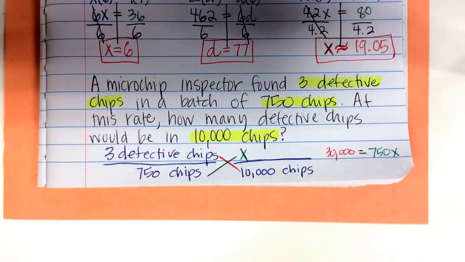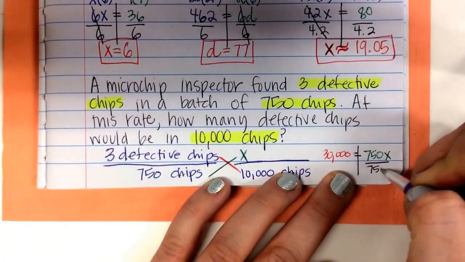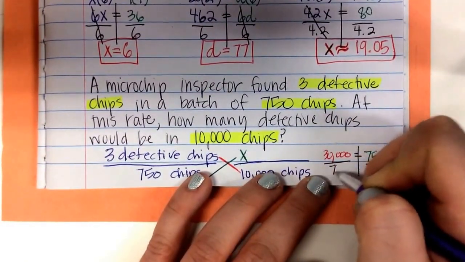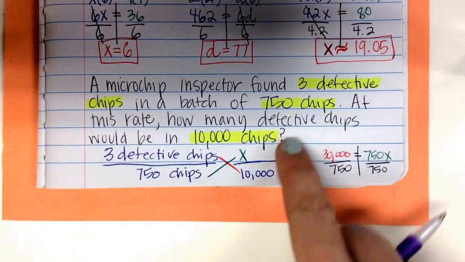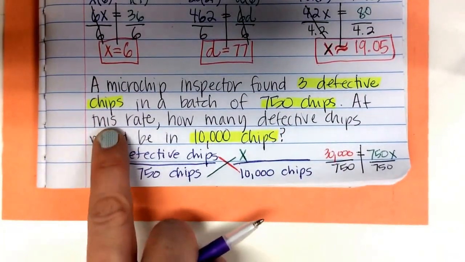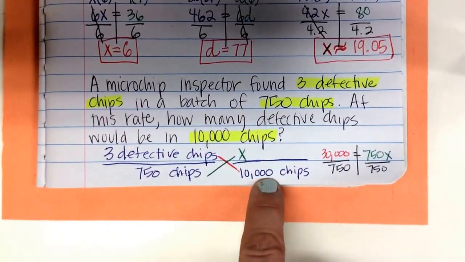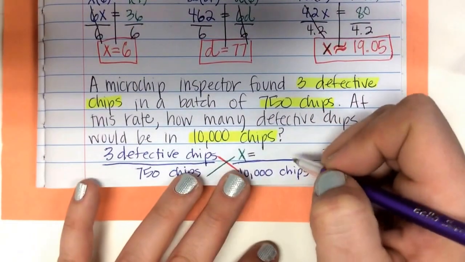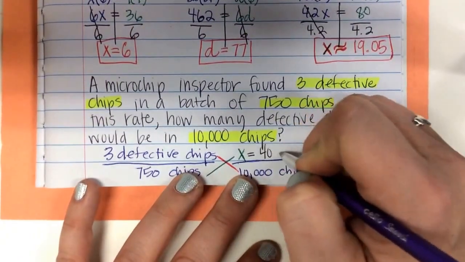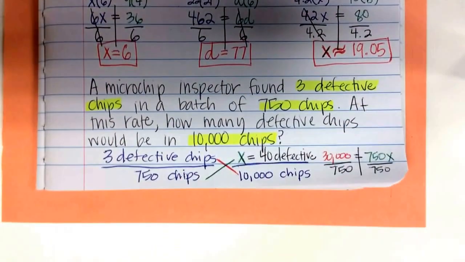I'm going to divide by 750. So how many defective chips would there be in 10,000? If there are 3 for 750, how many in 10,000? How many? 40 defective chips.